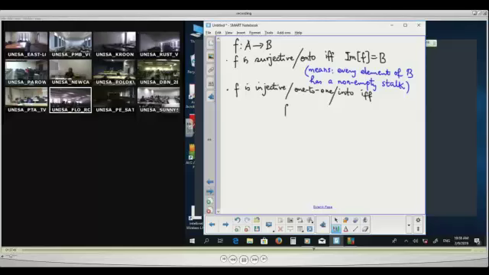So that means, remember, f(x) is the output for x. So when from two places you get the same output, it forces the inputs to be the same.